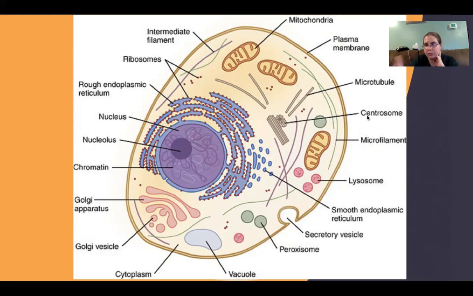They help in cell division by moving the chromosomes around. We'll get more into that when we discuss mitosis. And all these lines you see, the green lines, the purple lines, those represent different elements of the cytoskeleton. I think that's everything for this picture.